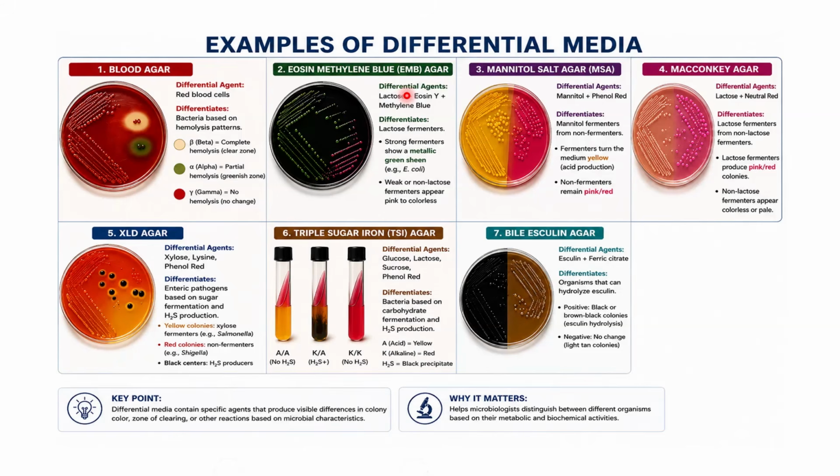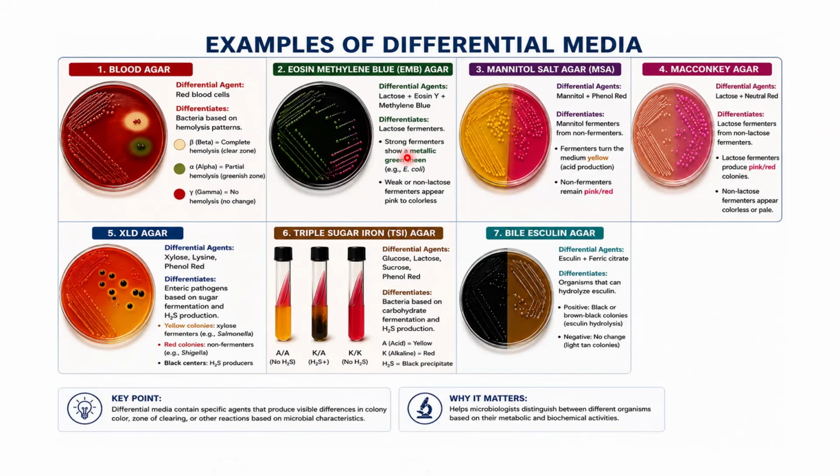So the second differential medium we will look at is the eosin methylene blue. In the eosin methylene blue agar, the differential agents in this medium are lactose, eosin Y, and methylene blue. And these differential agents help to differentiate bacteria based on the degree to which they ferment lactose.